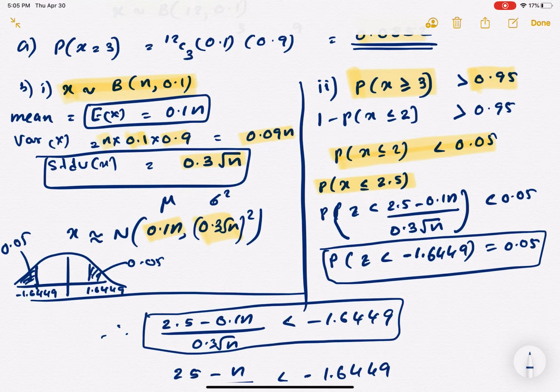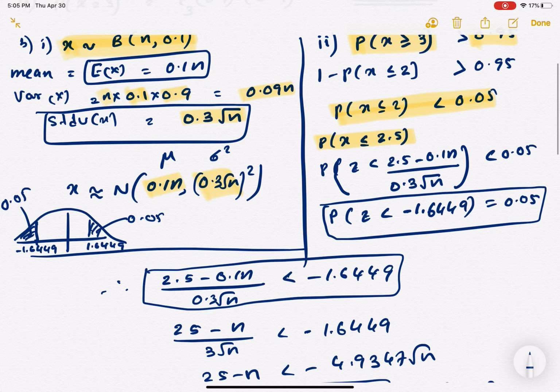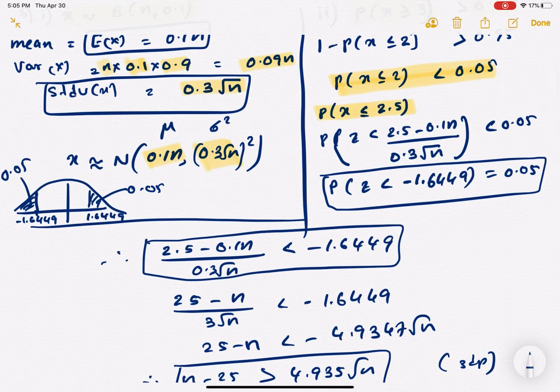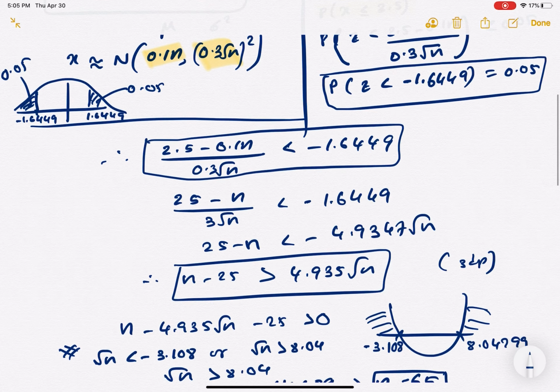That is why I have written the equal sign here. So now if you rearrange the terms in this inequality, you can see clearly you will end up getting the inequality mentioned in the question. What I did was I took the denominator to the right hand side. So I got 4.9347. Then I rounded to 3 decimal places, and that's the inequality they have given.